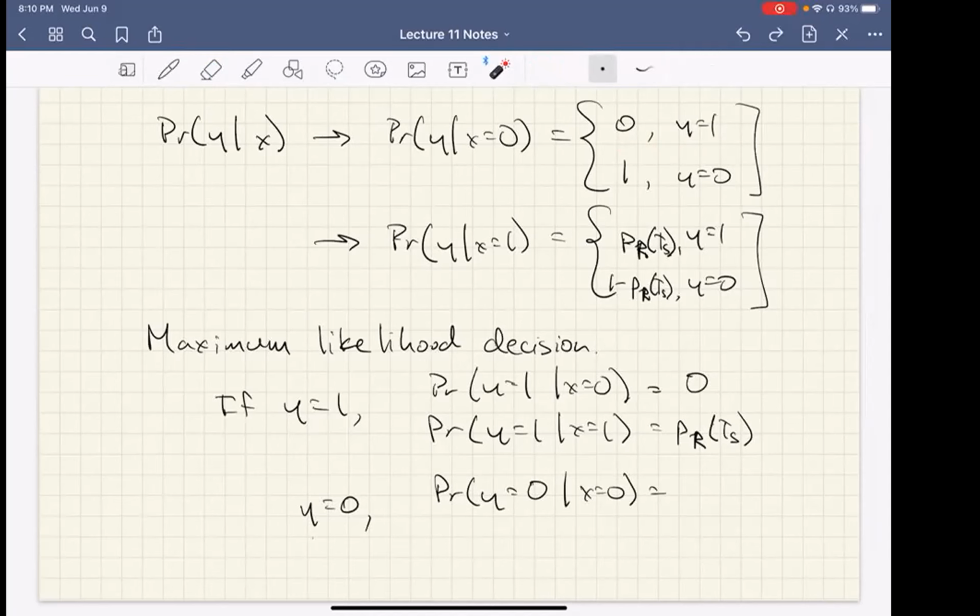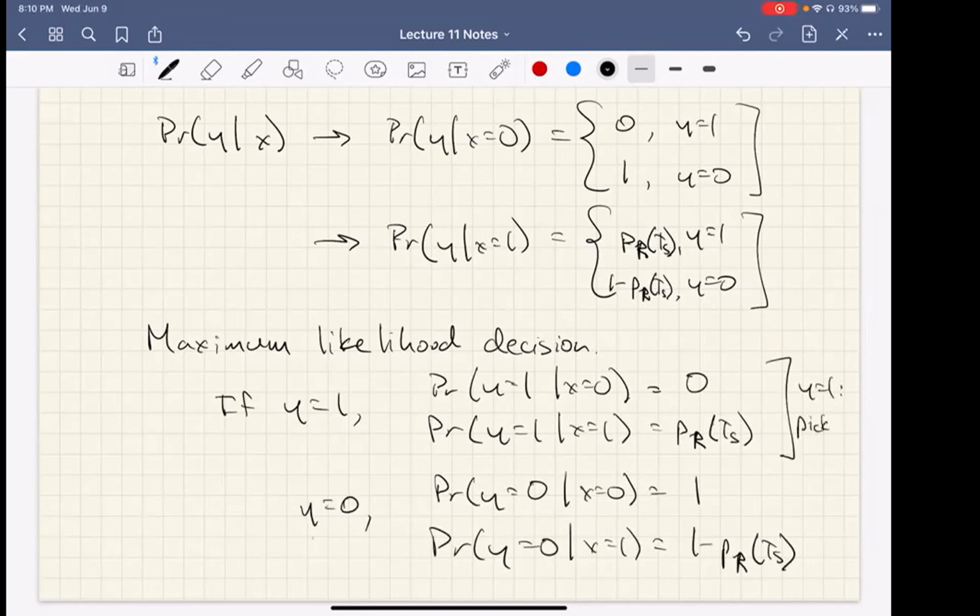It's 1 here and 1 minus PRTS here. So we have 1, and the probability that y equals 0 given x equals 1 is 1 minus PRTS.